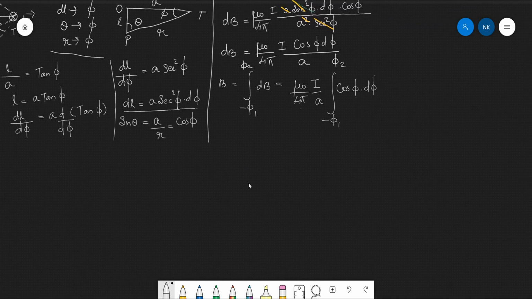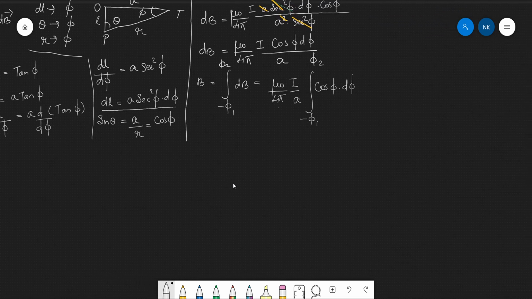While moving ahead, we are going to have B equals mu naught by 4 pi, I by a, integral of cos phi d phi, that is sin phi, between the limits minus phi 1 to phi 2.